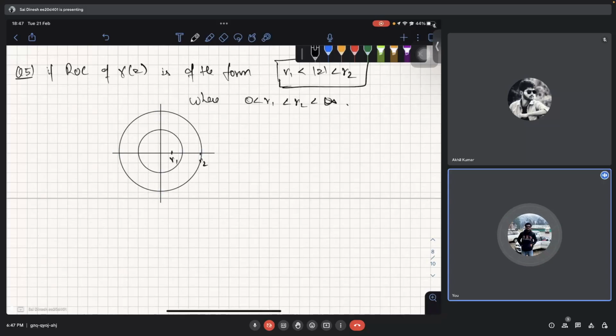So we have R1 and we have R2, and he's saying that mod z is in between R1 and R2. So let's say this is the area.